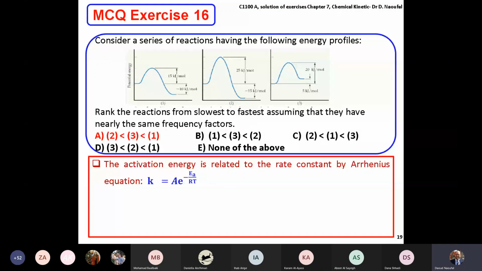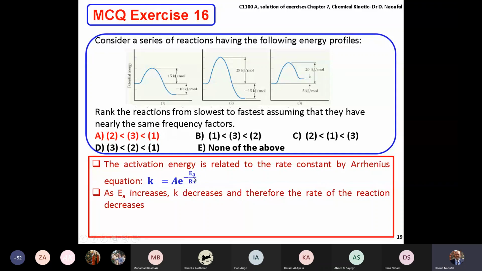Since the reactions are different, in general they should have different steric factors, but in this problem we assume that they have nearly the same frequency factor, practically the same steric factor A.